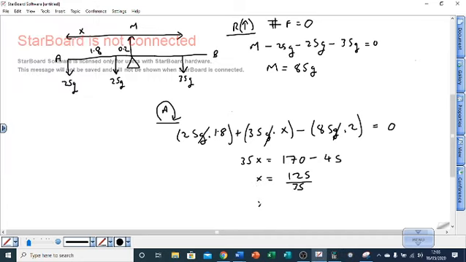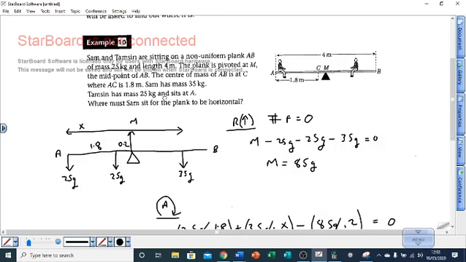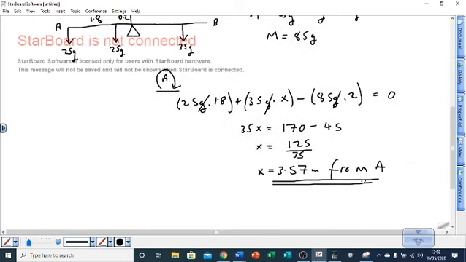So x is 3.57 meters, and you need to say where you've measured it from. So from A. Okay, so that's what we get as the answer for that question. 3.57 meters from A. That's where Sam would have to sit to keep it in horizontal equilibrium.